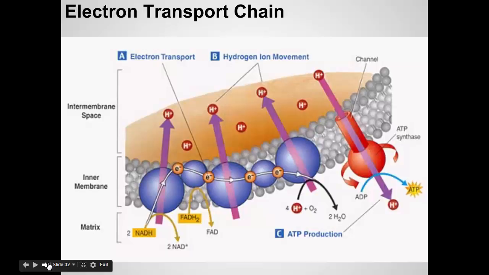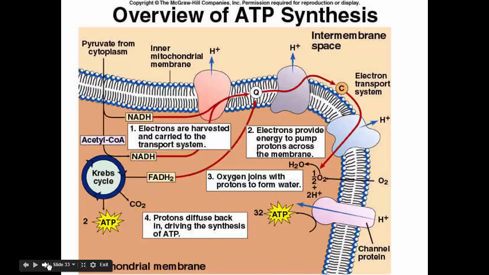And then we have ATP synthase, and as those hydrogens come back in to establish that, they turn this ATP synthase enzyme, forming ATP. And again, it's oxygen that is the final electron acceptor. So that's why oxygen is required for this, because it's going to accept these electrons that have followed the electron transport chain.